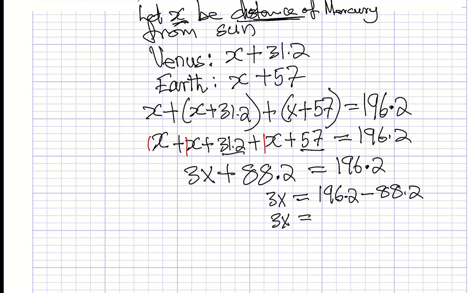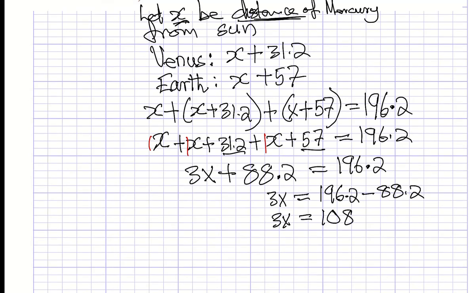What do you get when you do that? You have to do that first before you continue anything. So you do that. What do you get? You get 108. You actually get 108.0. I like to put the point because they have decimal points on them, so those are involved with decimals.